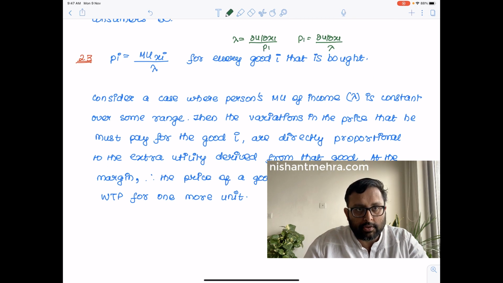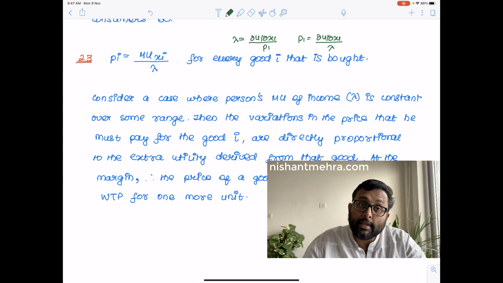You have kept the lambda constant. So whatever variations in price you are ready to pay, whether high price or low price, it all depends upon mu1 only. If your mu1 is higher, lambda is constant, you would want to pay even more, right?